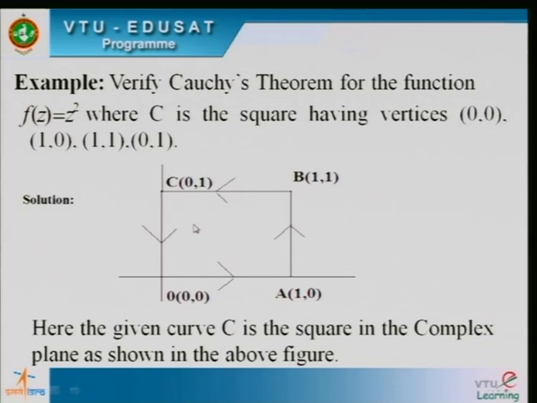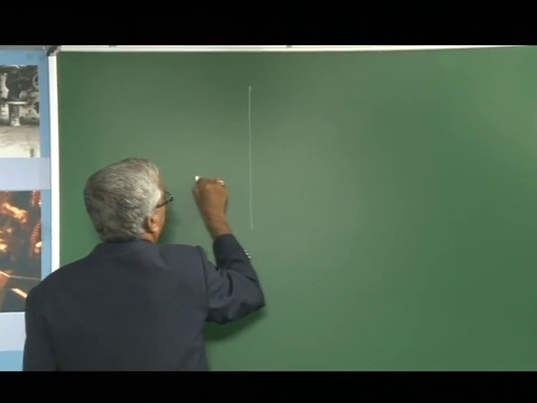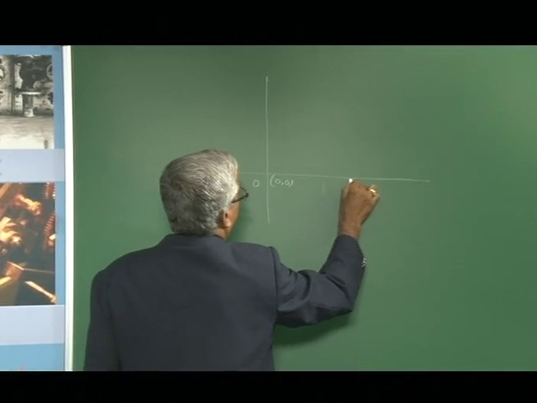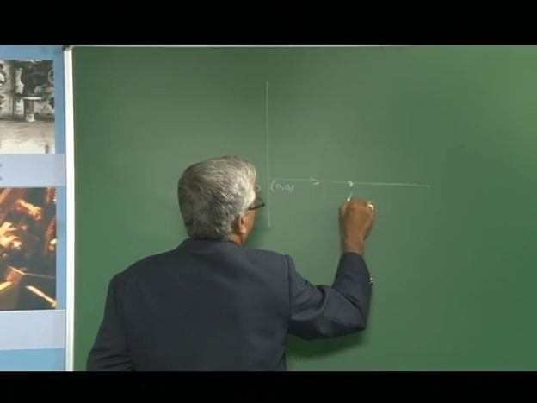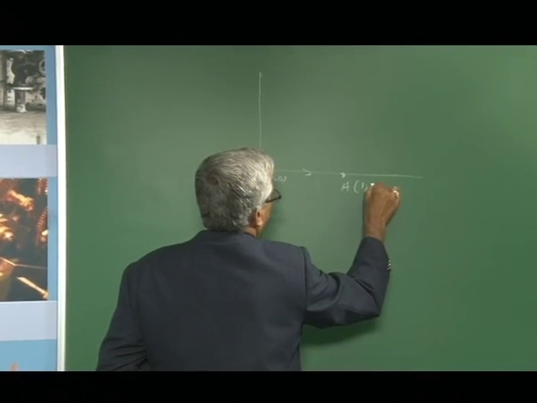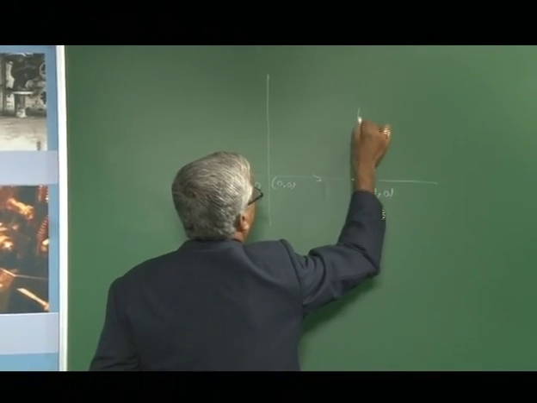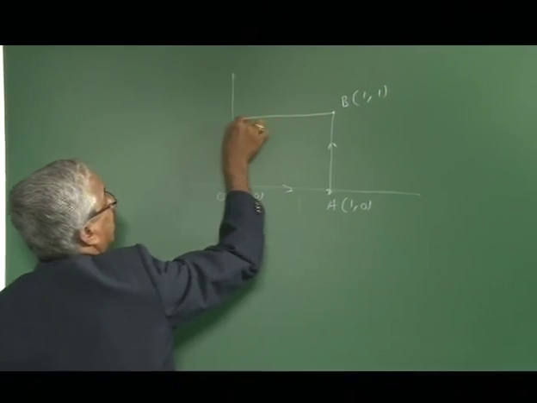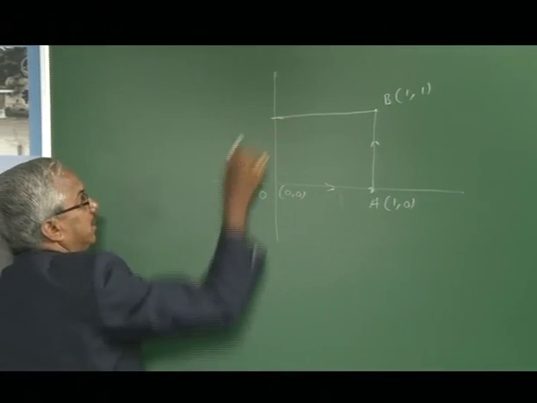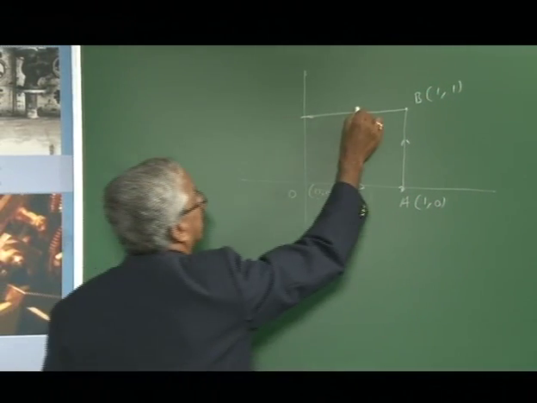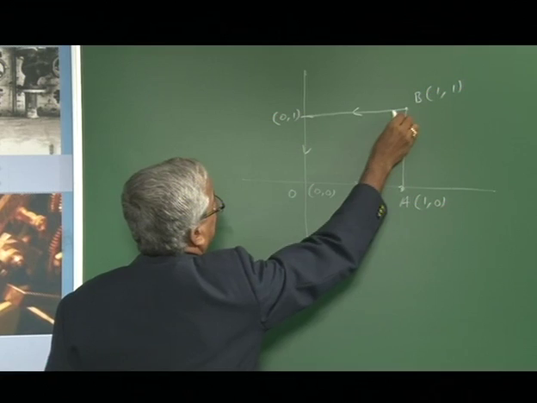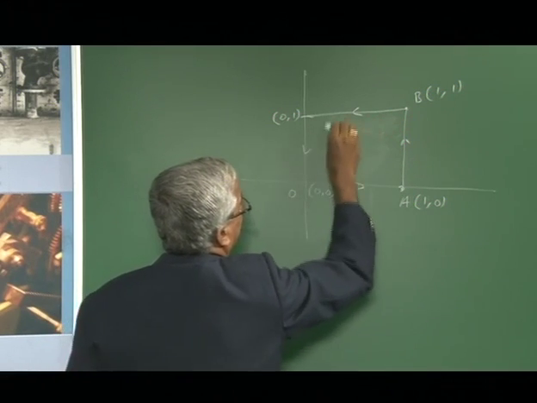Here these points are taken like this on the curve. The first point is O (0,0), and traversing along this way it is A (1,0). Again, the point B is (1,1), and then C is (0,1), and this way you see that we are taking the square.